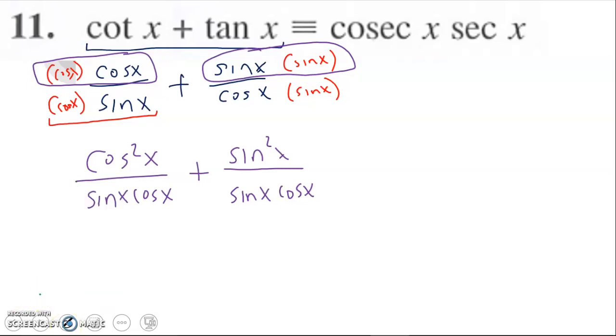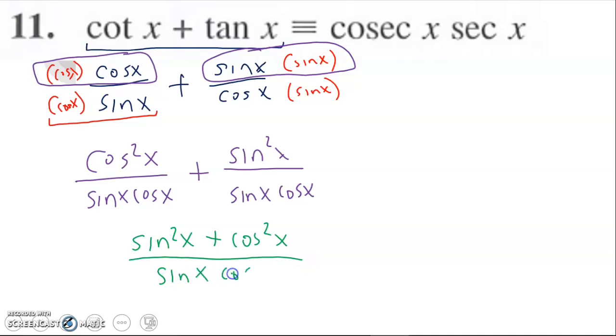Okay, I'm going to have sine squared x, I'll put that first, and then cosine squared x all over sine x cos x. Okay, now this should look very familiar because this is an identity that is probably most frequent.